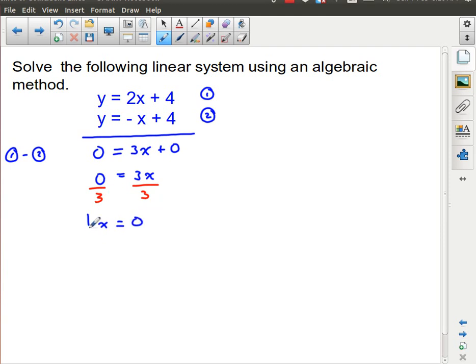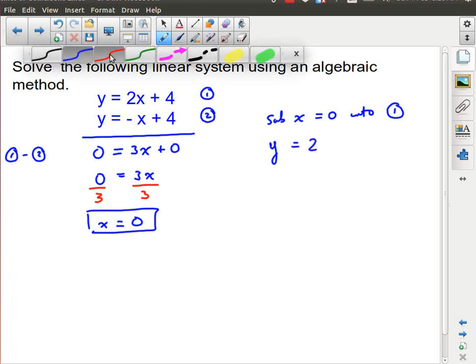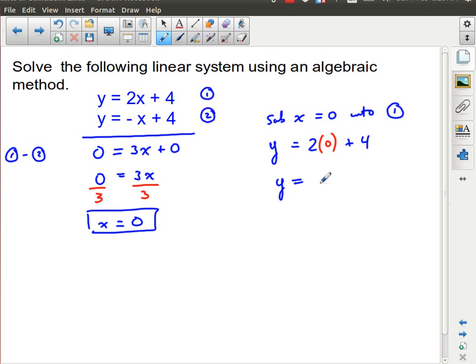So now I have my value for x, and then I'm going to substitute x equals 0 into either equation. I'm just going to put it into equation number 1, and I end up with y equals 2 multiplied by 0 plus 4. 2 times 0 is 0, plus 4 is simply equal to 4.